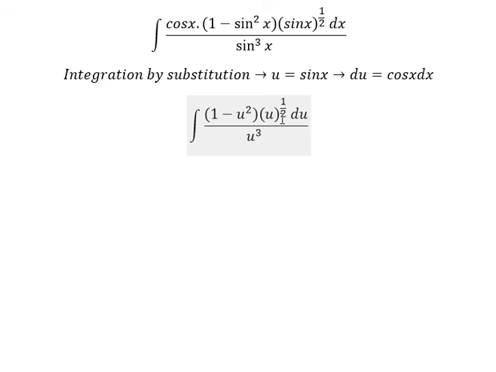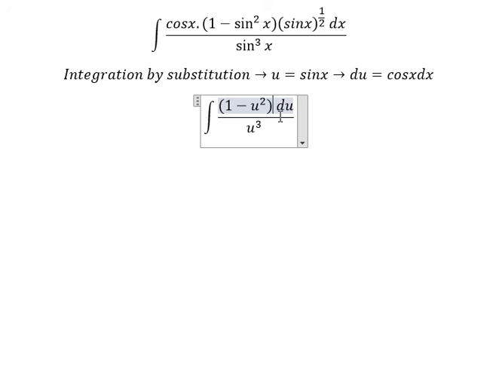Now we have u to the power of 1 over 2 and u to the power of 3. We simplify and you got u to the power of 5 over 2.